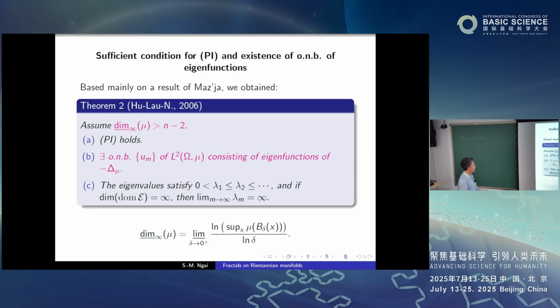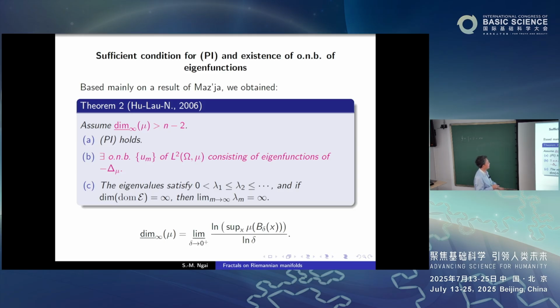So first of all, let's make sure that there exists an orthonormal basis of eigenfunctions. Based mainly on the result of Maz'ya, we obtain this result.